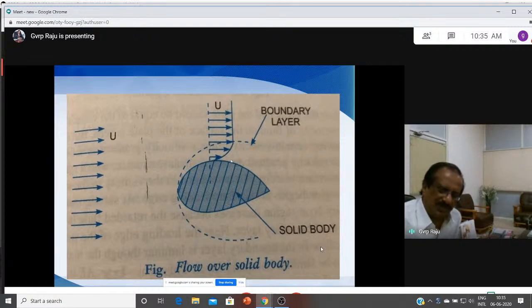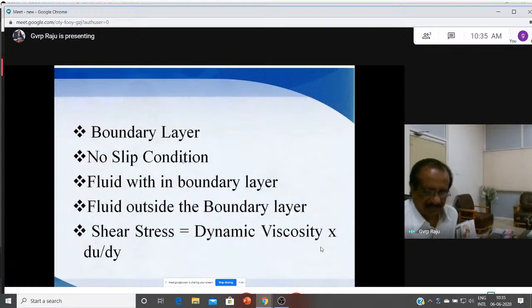Velocity of the fluid on the solid body is 0. That is what I told you is the no slip condition, whether it is a flat plate, parallel plates or a solid body, whatever it is. When there is no relative motion between a solid body and the fluid on the solid body, that condition I mentioned to you is the no slip condition, normally asked in the objective questions of GATE.